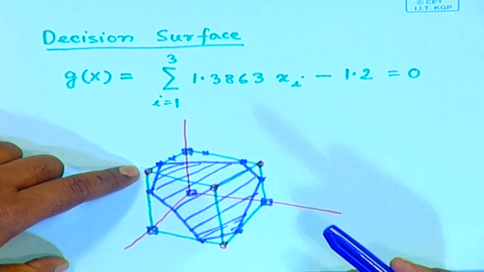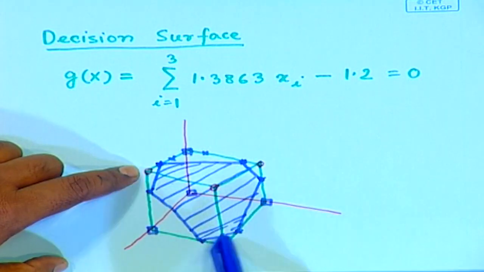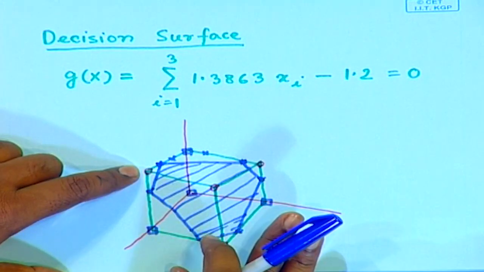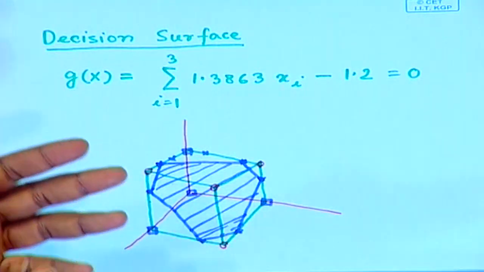Is that okay? So you find that I again get a simple hyperplane in 3 dimensions, it is just a plane, which is a boundary between the two classes omega 1 and omega 2. If the probability values are different, if different pi have different values, then the position as well as orientation of this plane may be different.